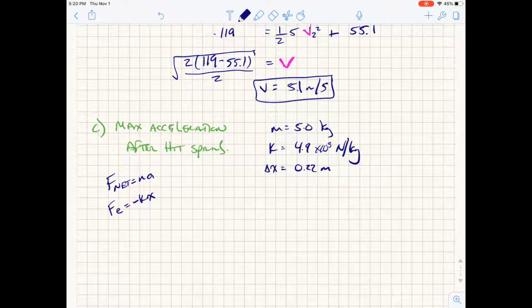So we're talking about acceleration now. We have to use these force equations. So the F net that the car applies to the spring is going to be equal to the Fx. I think I mislabeled this.